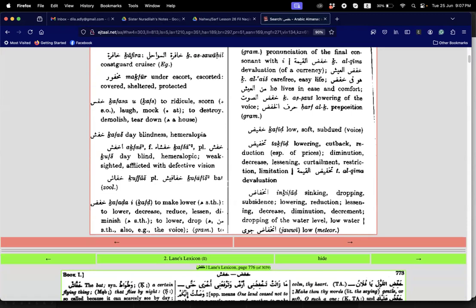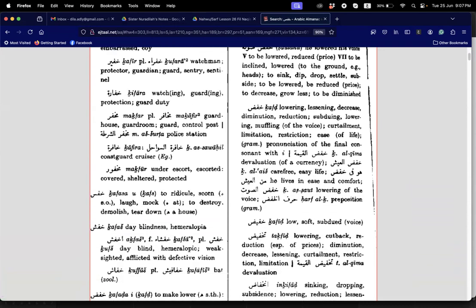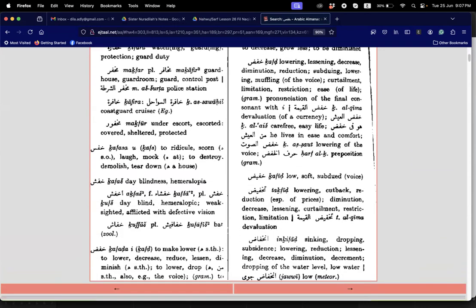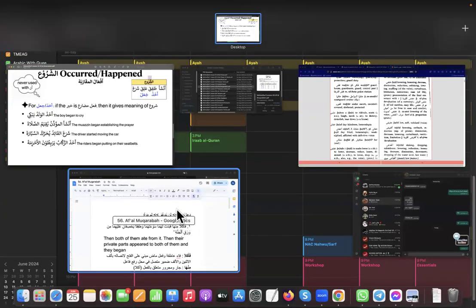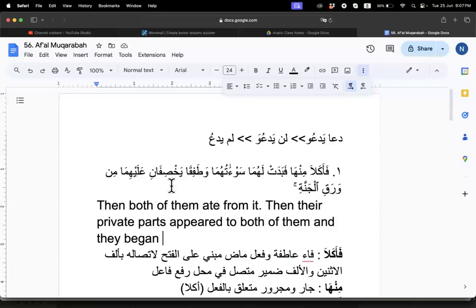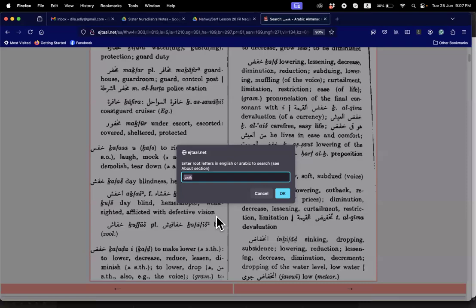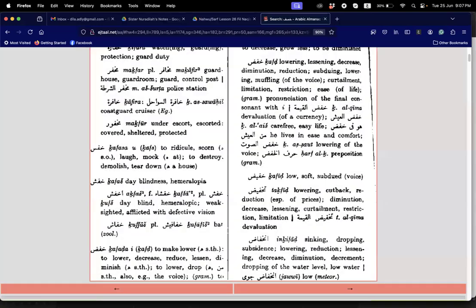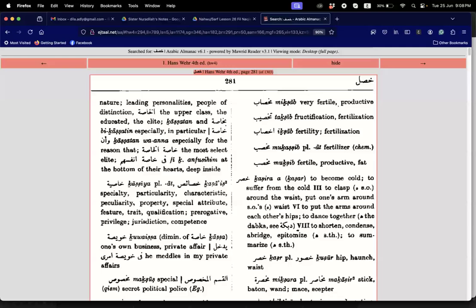If there is sad, it should be there. Did I say the root letters correctly? Oh yes, kha, fa, sad. I put it the other way around.